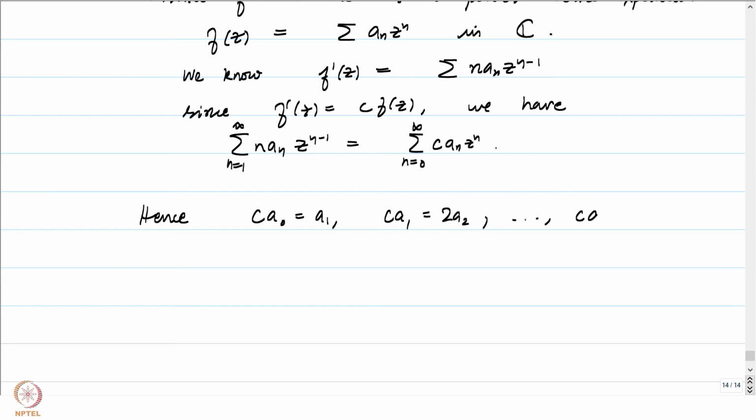We have C times a_k is going to be equal to k plus 1 times a_(k+1). And inductively, we will be able to conclude that a_k will be equal to C to the power k times a_0 by k factorial.